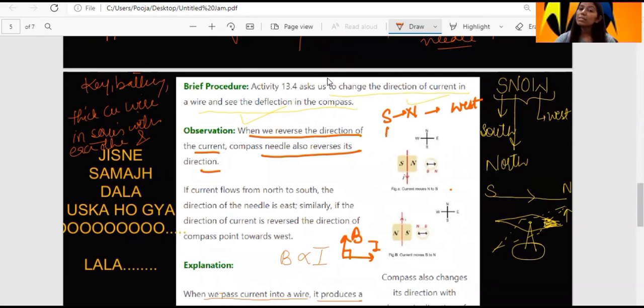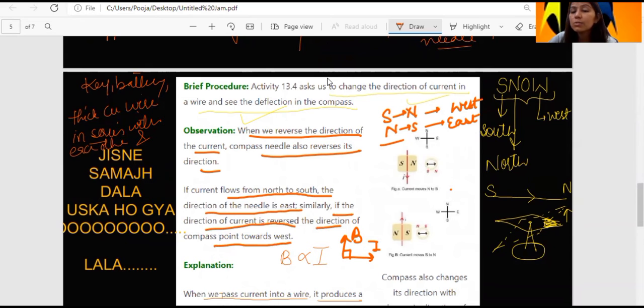Similarly, when the current is passing from north to south, it shows a deflection towards east. So when the direction of current reverses, the direction of deflection also reverses. If the current flows from north to south, the needle points towards east; if the direction of current is reversed, the needle points towards west. I hope I have made myself clear to you all.